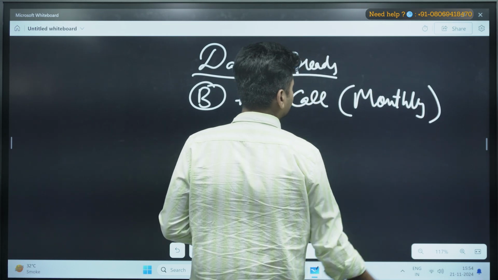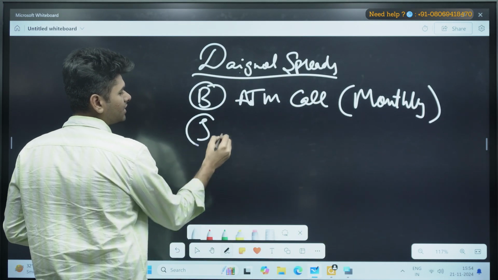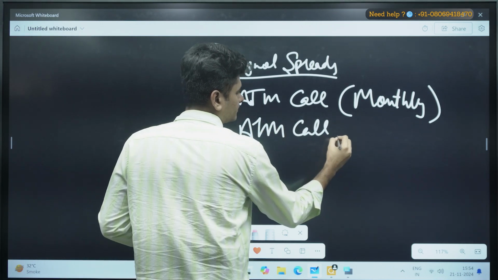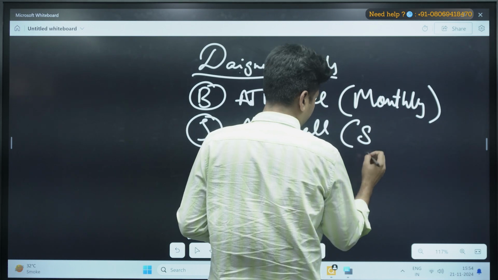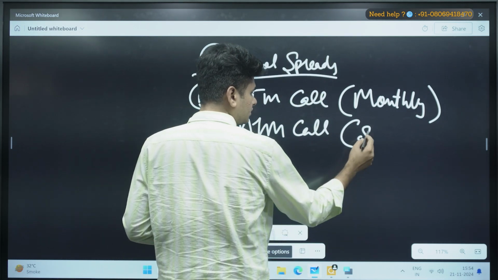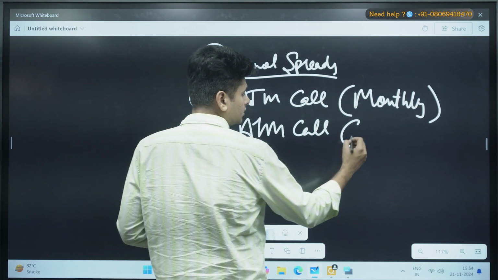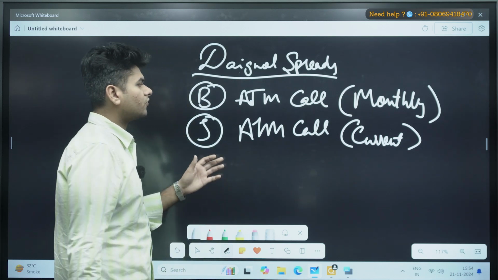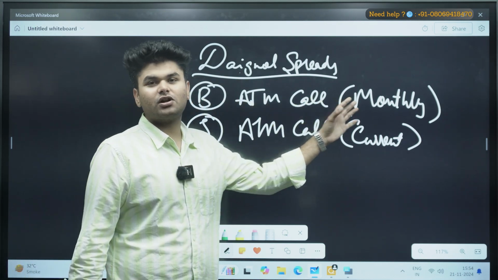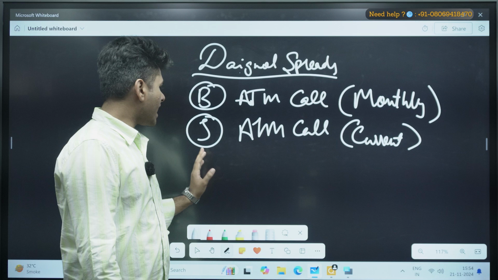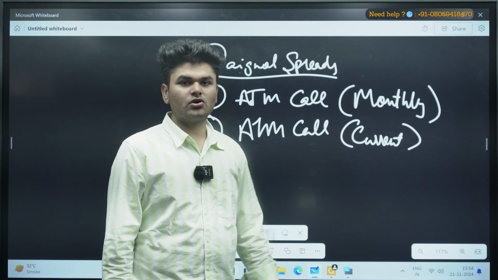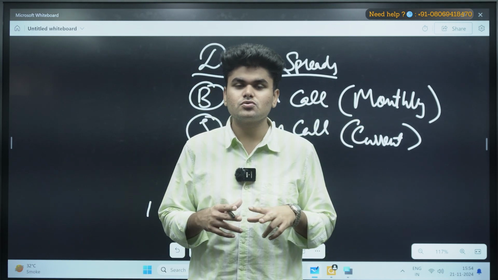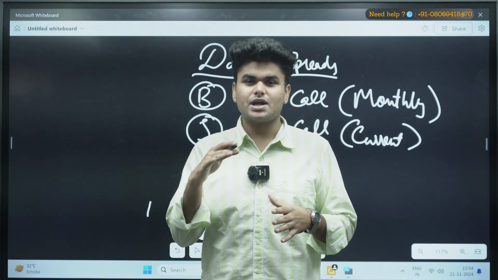Let's just suppose you buy the monthly and you sell the current week expiry. So what you're gonna do is buy the at the money call of the monthly expiry, and similarly you'll sell the at the money call. So now what we are seeing is that we are using two expiries. Whenever you use two expiries, that is the time you create a diagonal spread.